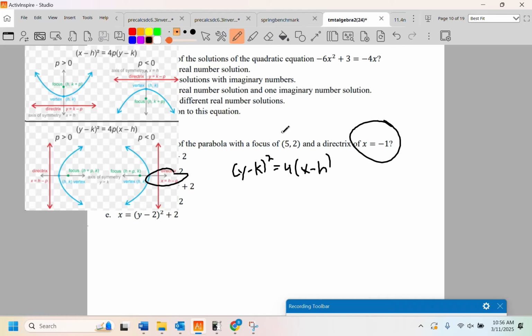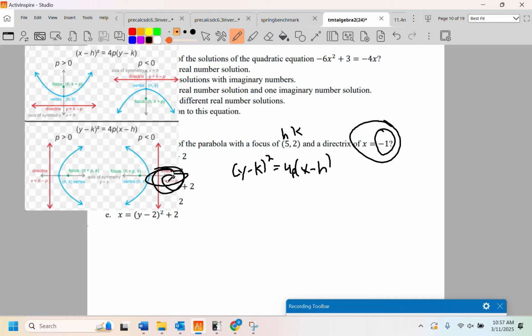The focus gives us the letters H and K. So I need this. And I forgot the P, didn't I? I need that P right there. So 4p times x minus h. All right, so I have a directrix of x equals negative 1, and I know that this negative 1 lines up with h minus p.